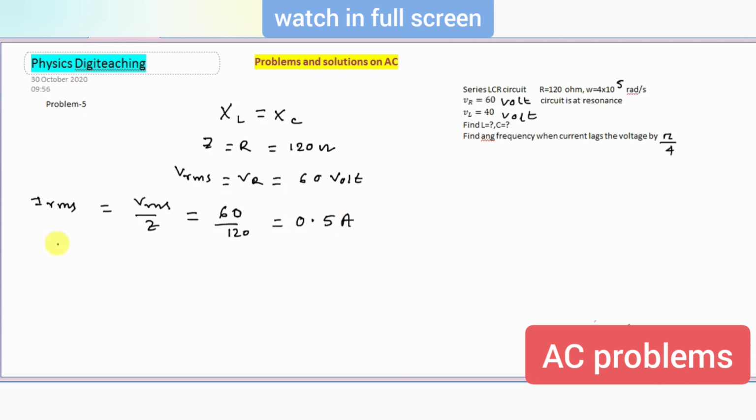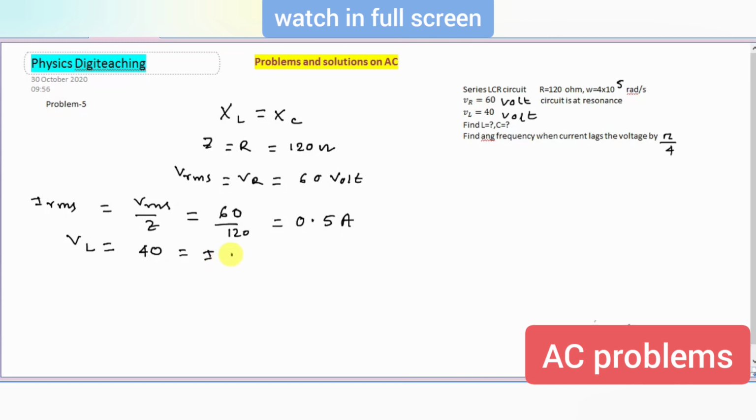Now VL equal to 40 volt. At resonance, the voltage across the inductor is 40 volt, and we know VL equal to I into XL.